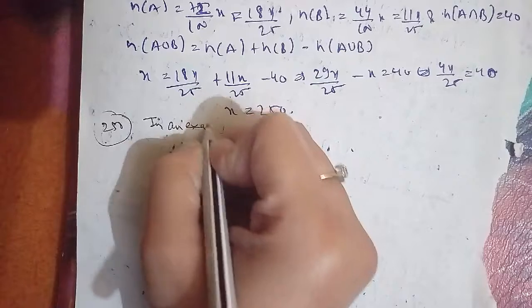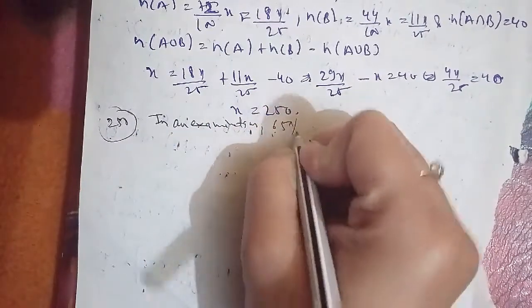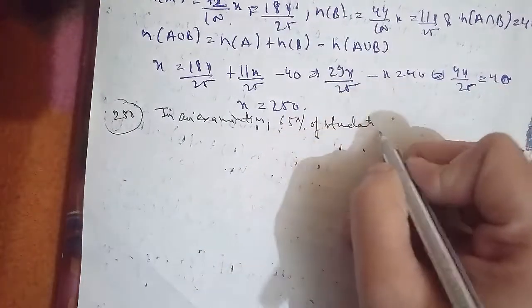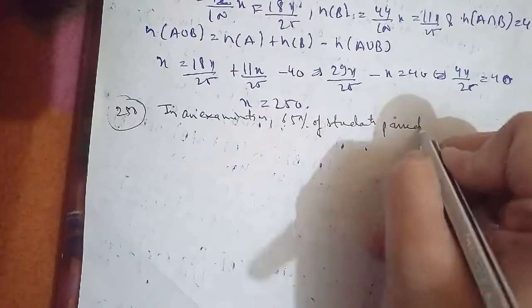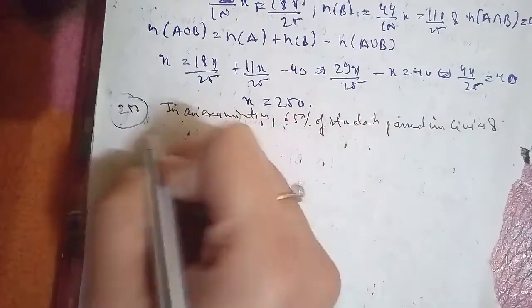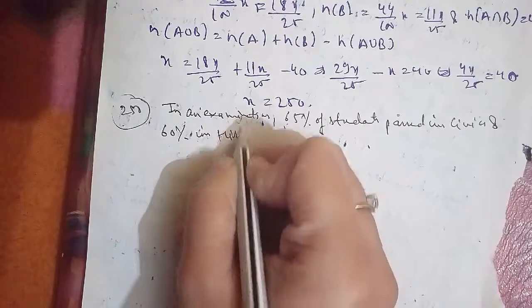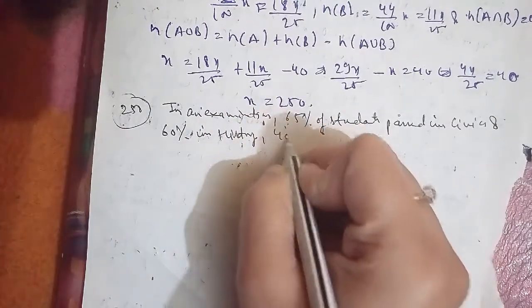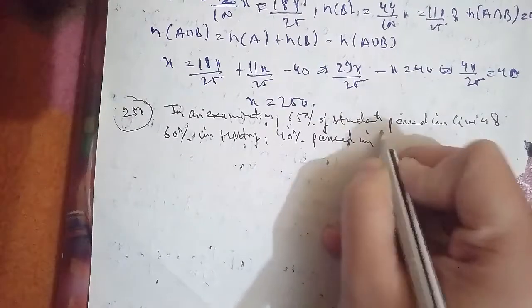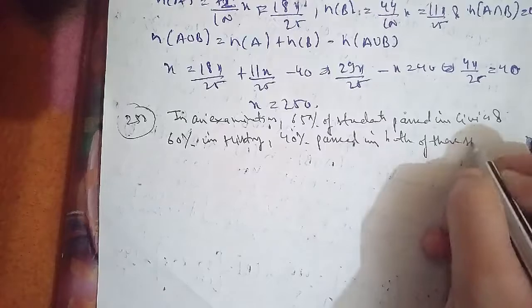In an examination, 65% of students passed in civics and 60% in history, 40% passed in both of these subjects.